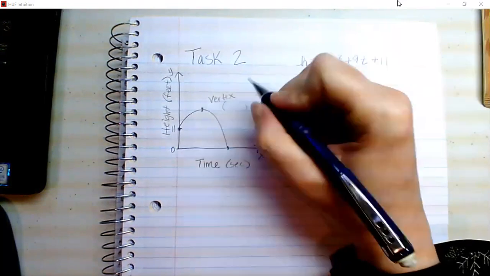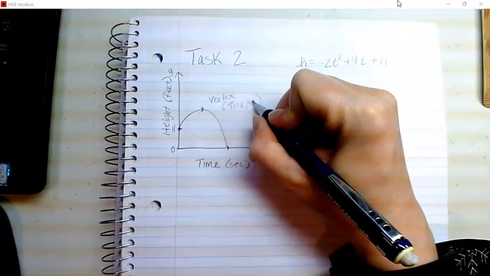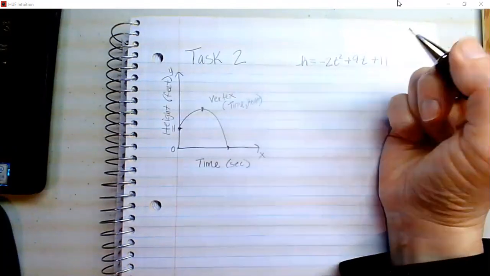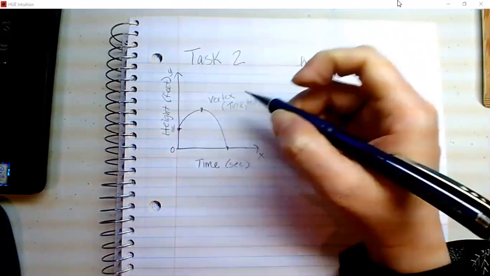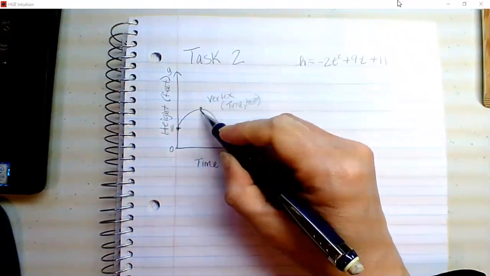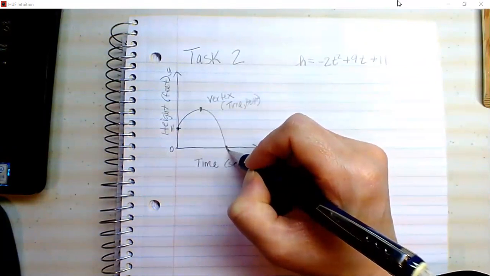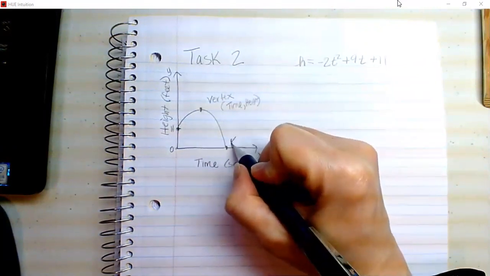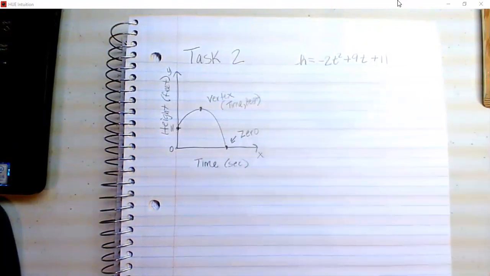We know that the x's stand for time, and we know that the y's stand for height, okay? At a certain time, he's going to reach a max height. And then he's also going to come back down to the ground, right? Hopefully it's a soft landing. So this would be a 0 of the function, one of our zeros or one of our x-intercepts.